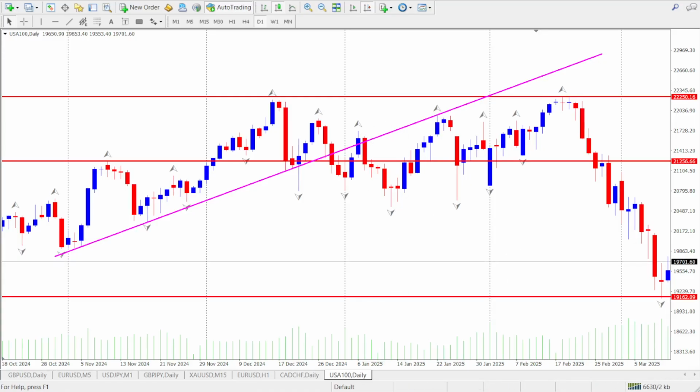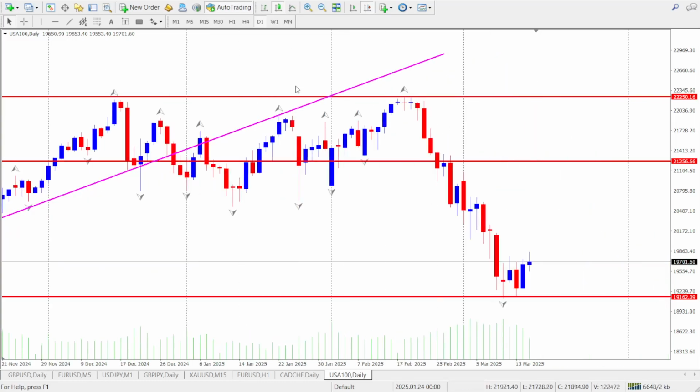Then the next step is to identify key areas. Just look for clusters of fractals. You can see the fractals are going to be automatically plotted on your chart. So, look for clusters of fractals that form near support and resistance zones, significant zones, okay?